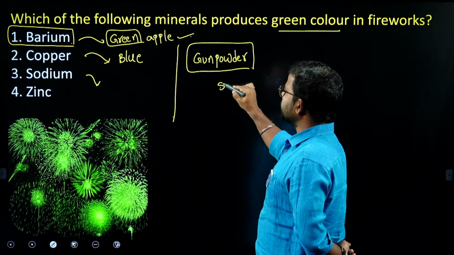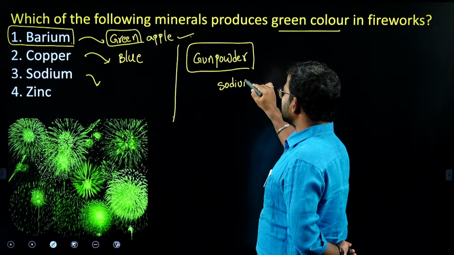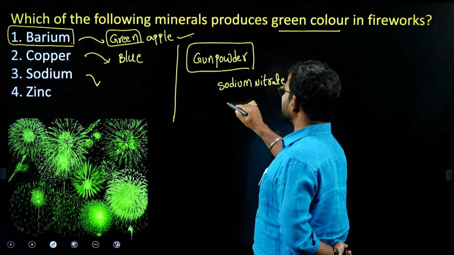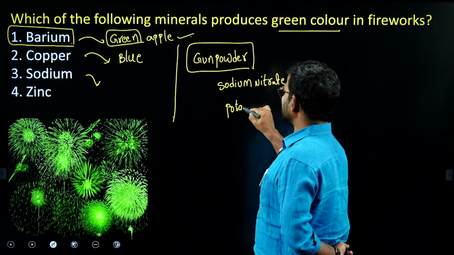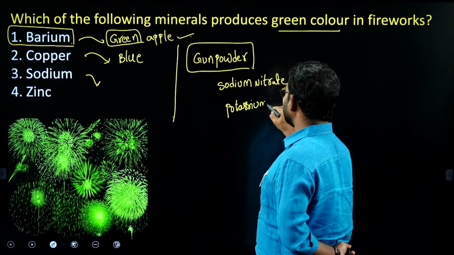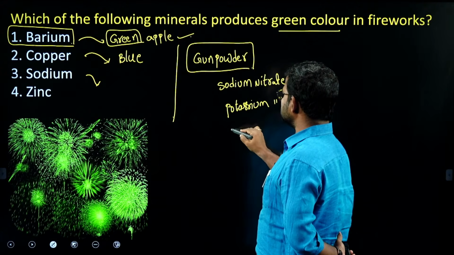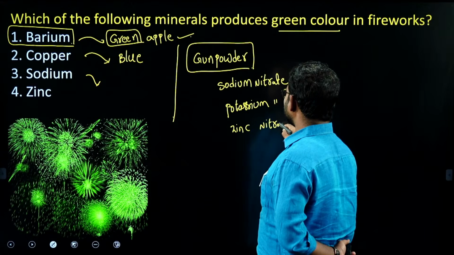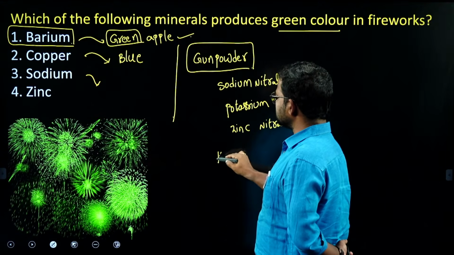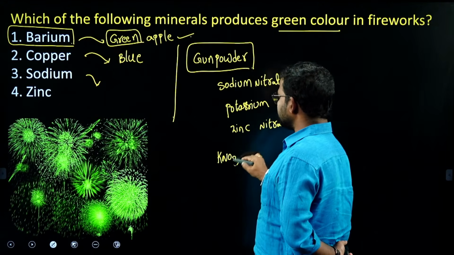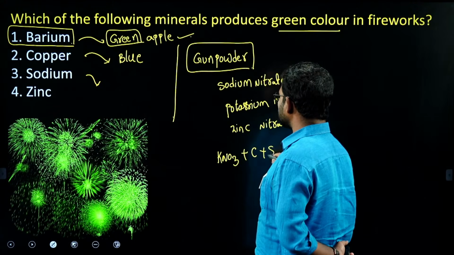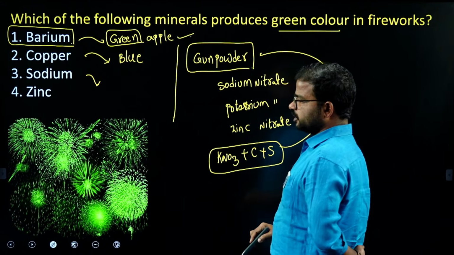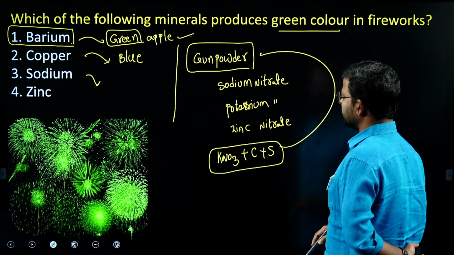One is sodium nitrate, the second is potassium nitrate, and the third is zinc nitrate. If you consider potassium nitrate, when it is added with carbon and sulfur, this composition is treated as gunpowder.